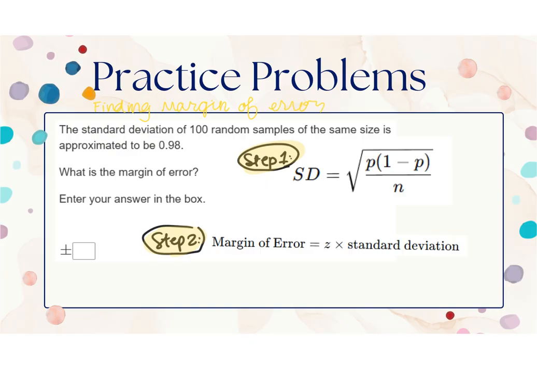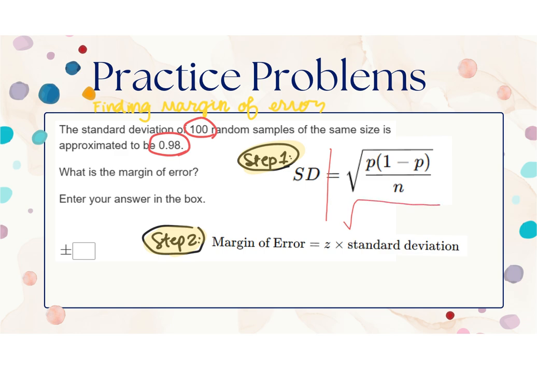Okay, so to do that, we got to use that formula. Our standard deviation is equal to the square root of P times 1 minus P over N, where P stands for your sample proportion, and N represents your sample size, which once again in this problem is 100.